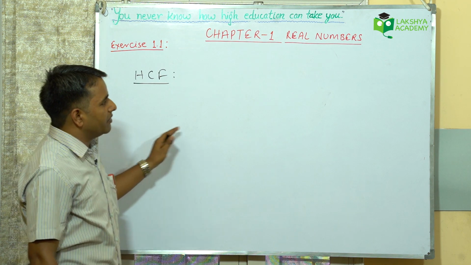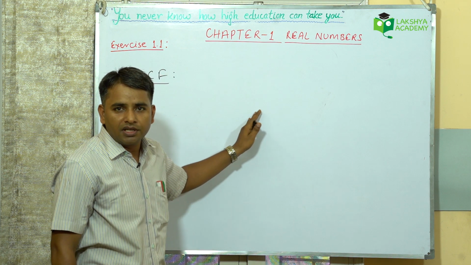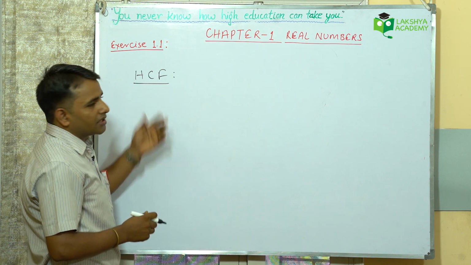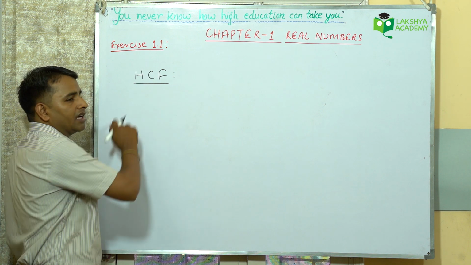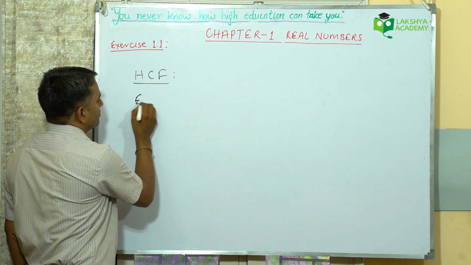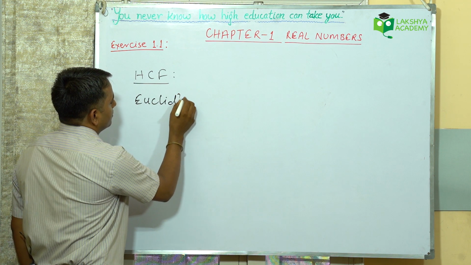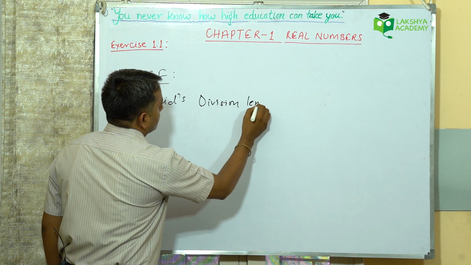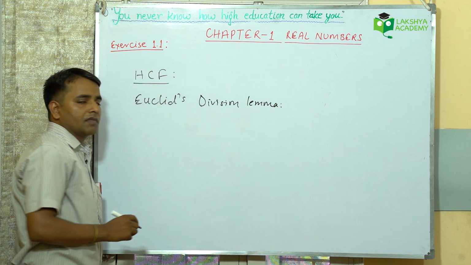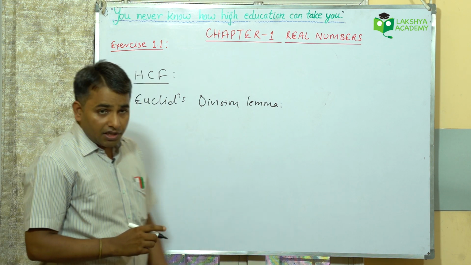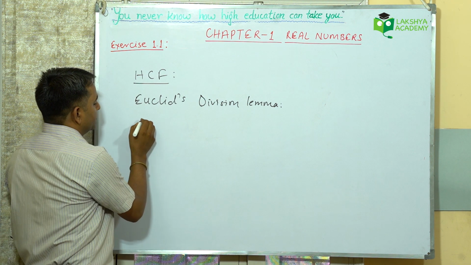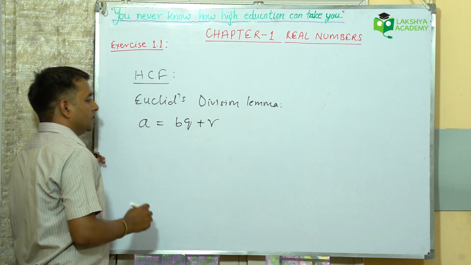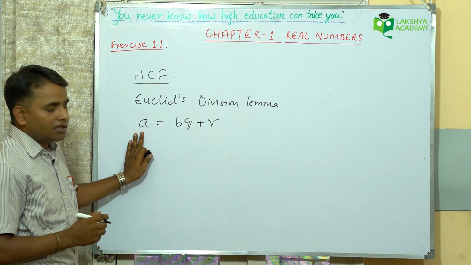Here in this chapter we will be finding the HCF not by simply finding the multiples and then taking the pairs, but we will find the HCF by using Euclid's division lemma. In this, what happens is a = bq + r. So this simply follows the division algorithm.